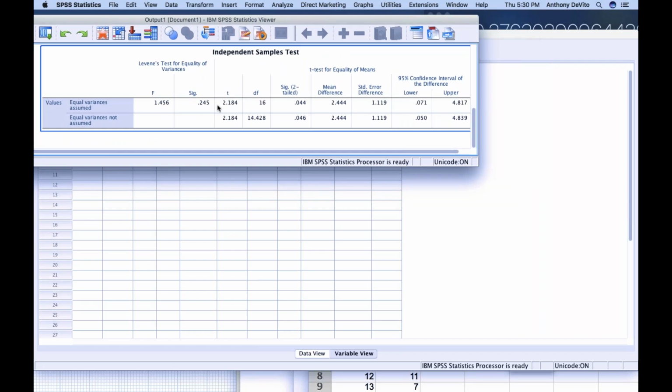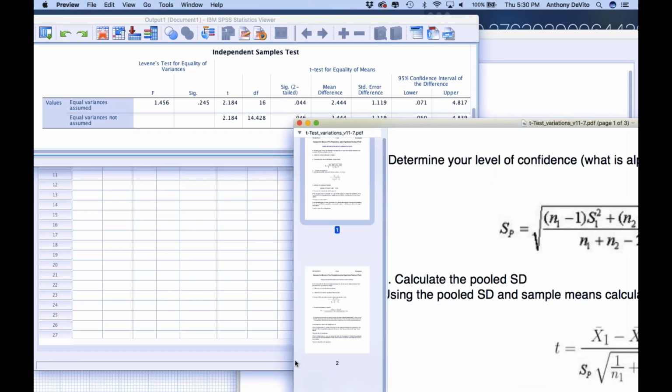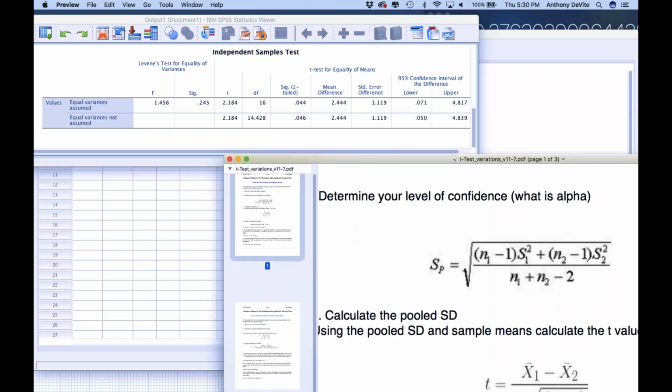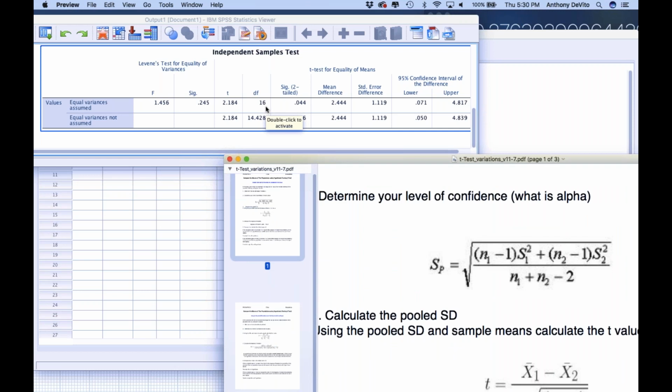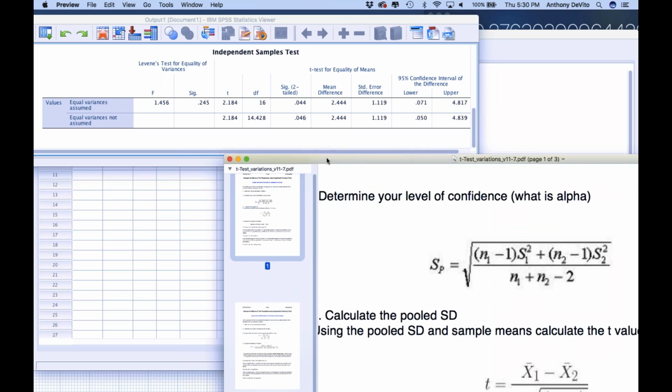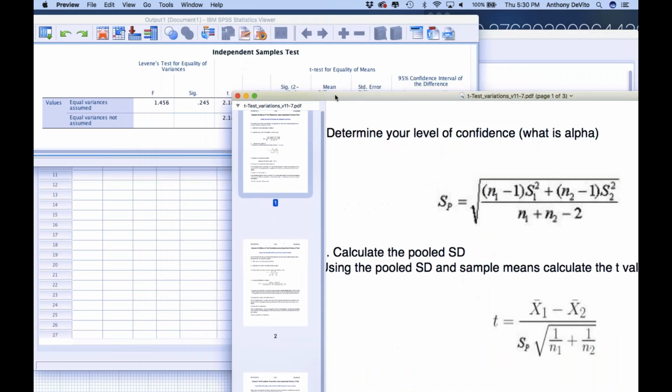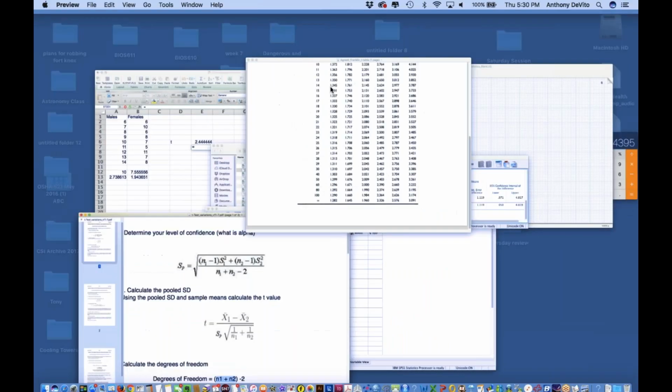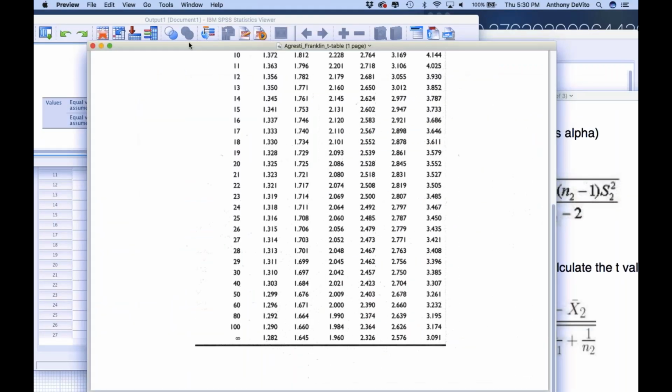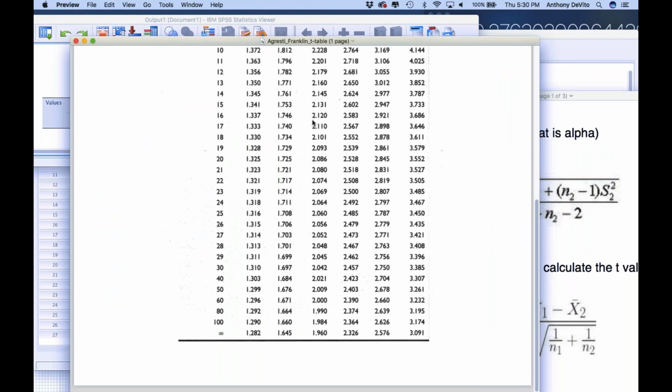So what is our t-score equal to? 2.184. For 18 degrees of freedom, and notice, I'm sorry, it was only 9 and 9. So it's 16, not 18. Only 9 and 9. So for 16 degrees of freedom, what should be our critical value of t? 2.12.